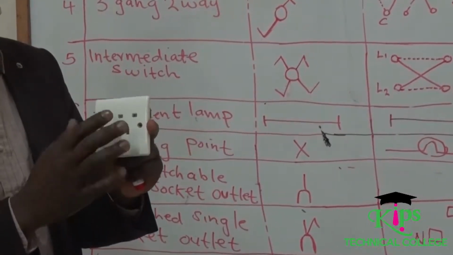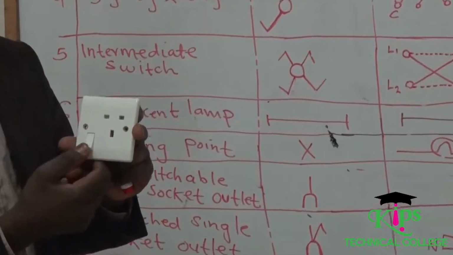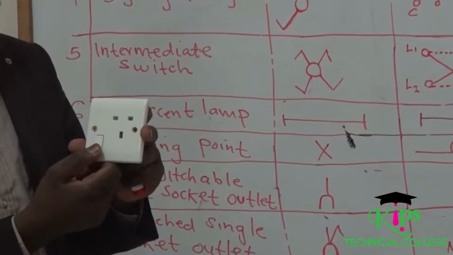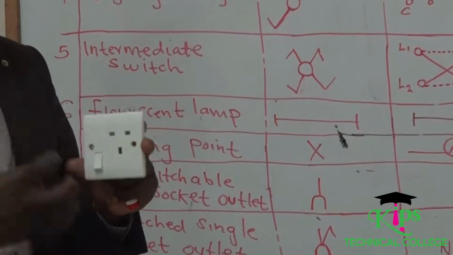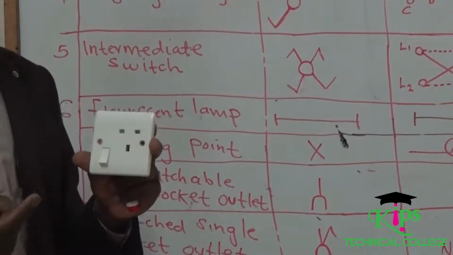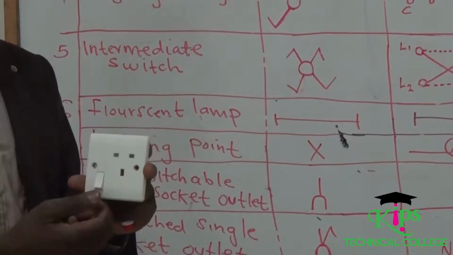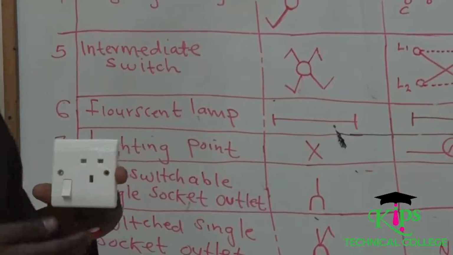Meaning the moment you connect it's on always. But a switchable socket outlet is the one which has got a switch you can switch on and switch off. So meaning this socket is controlled by this switch. But there are some other socket outlets which do not have any control. Once it is powered, it is always on. So that is the difference.